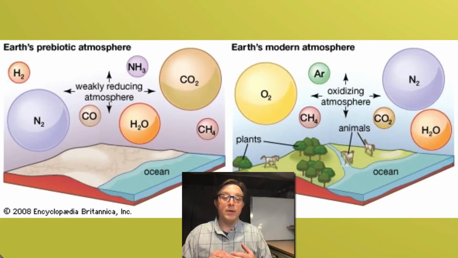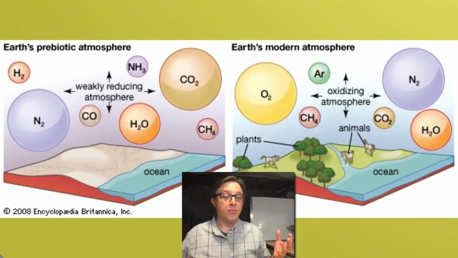Now we have what is called an oxidizing atmosphere, right, with a good bit of oxygen present. But 3.5 billion years ago, there was very little or no oxygen present. And you see all of the other gases that were available in the early atmosphere.